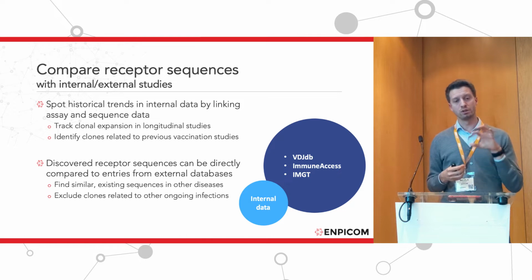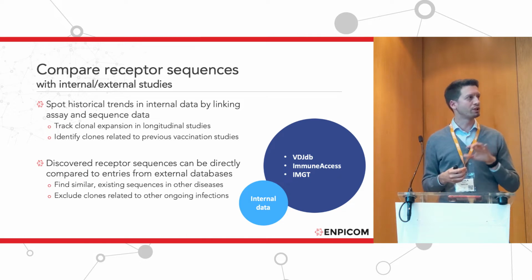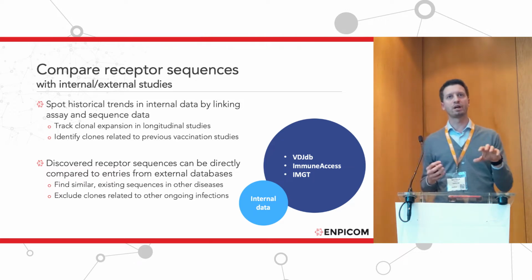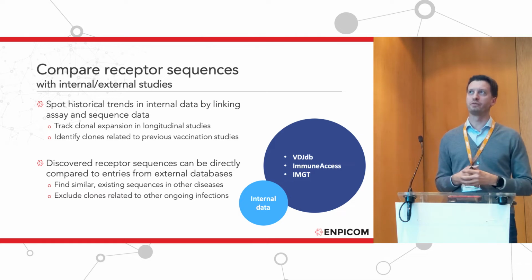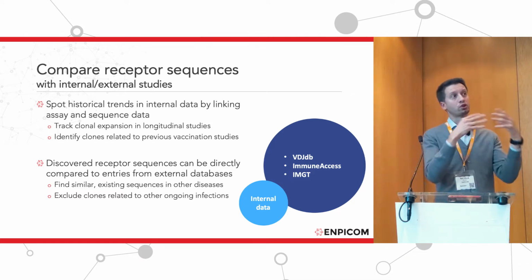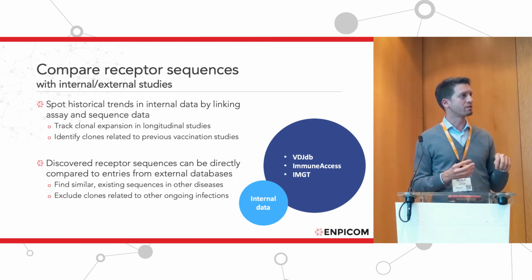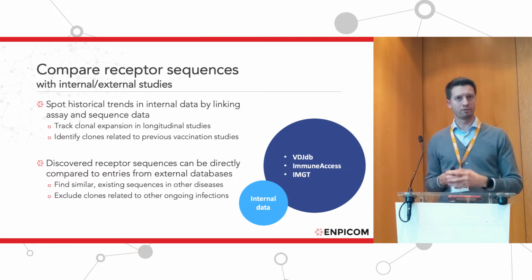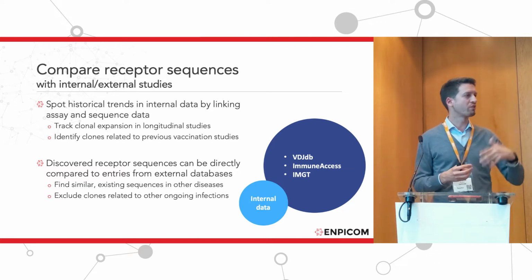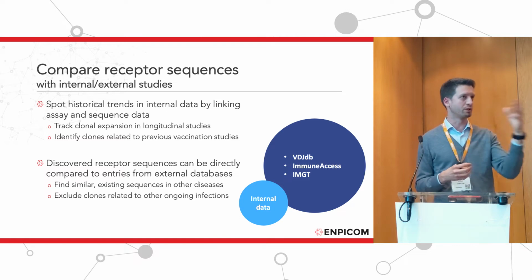Similarly, you can also look at historical data and see whether you encounter the same clones, for instance, in previous vaccination studies or across different patients. That's the power of having the sequence available. Furthermore, if you look at external studies, you can see, for instance, if specific clones elicited by a therapy or by a specific vaccination are present in different diseases, or have been found by different studies in different labs.